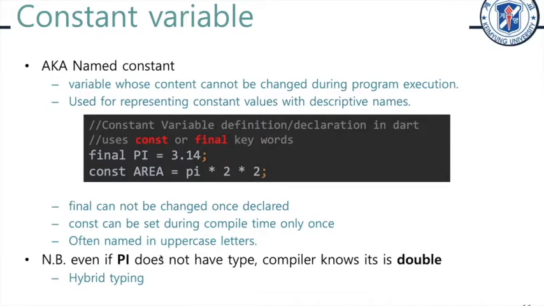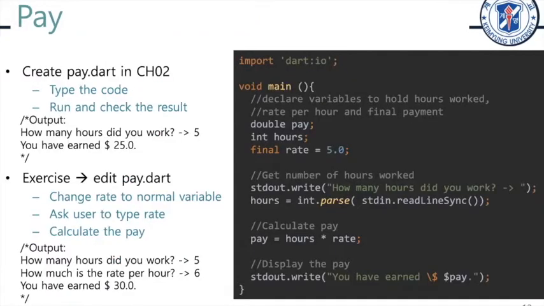And because we said that Dart is a hybrid type language, even if pi does not have any declared type, the compiler knows it's a double, because Dart allows hybrid variable declaration and usage. Now that you know about variables and constant variables, let's use them to make a program.